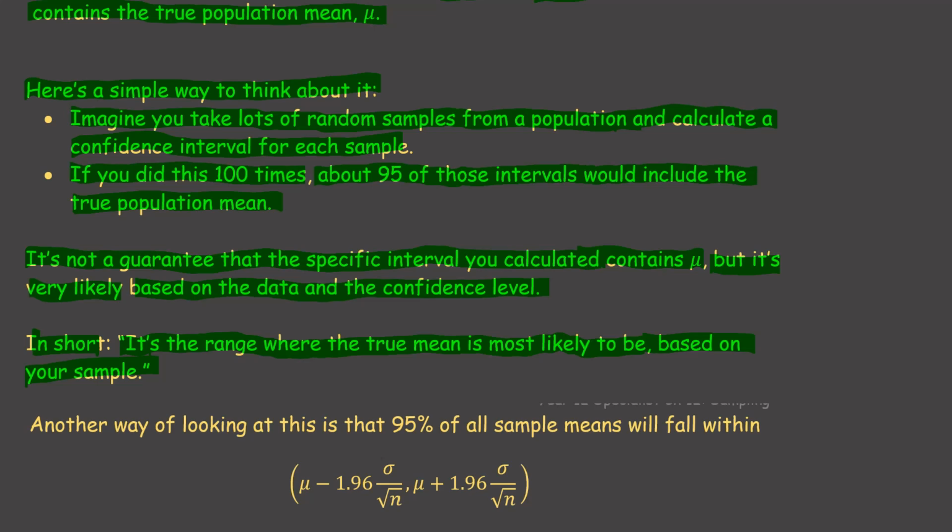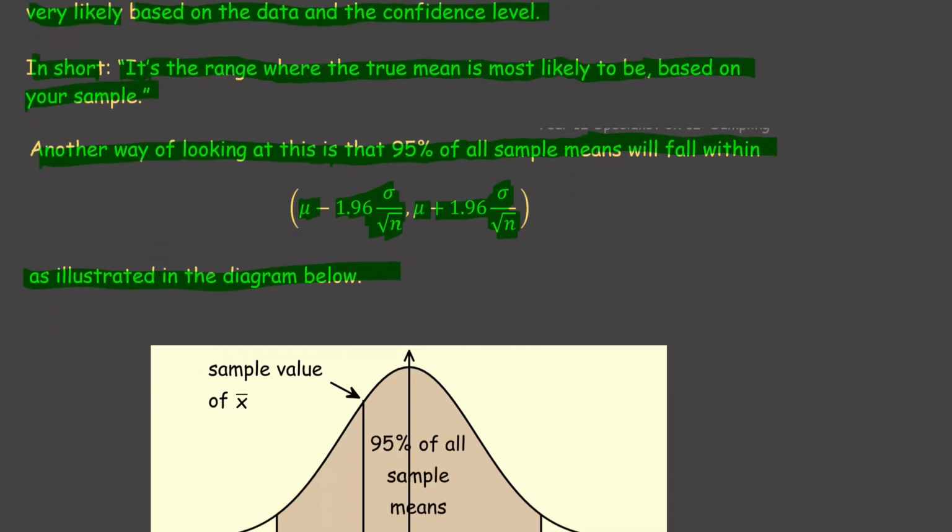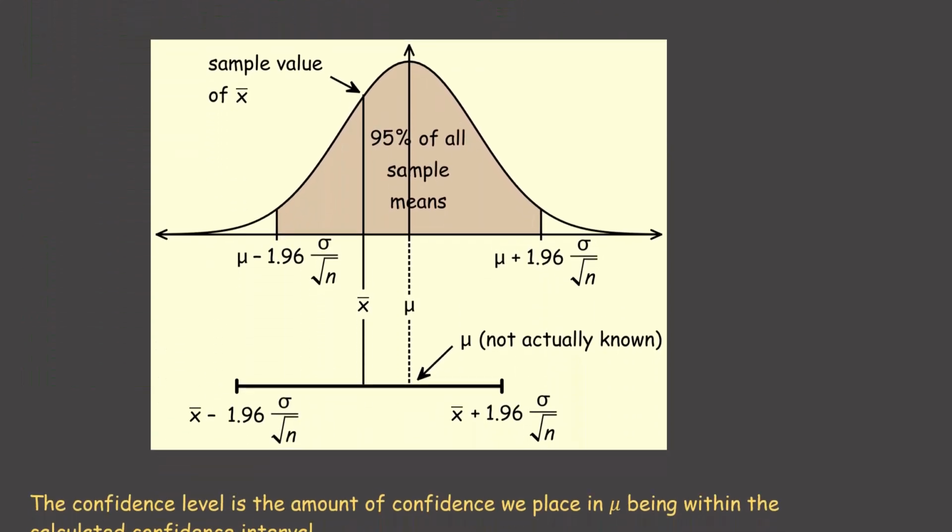And remember, samples vary. Another way of looking at this is that 95% of all sample means will fall within mu take away 1.96 sigma over root n, and mu plus 1.96 sigma over root n, where of course mu is the population mean if known. This is illustrated in the diagram below.